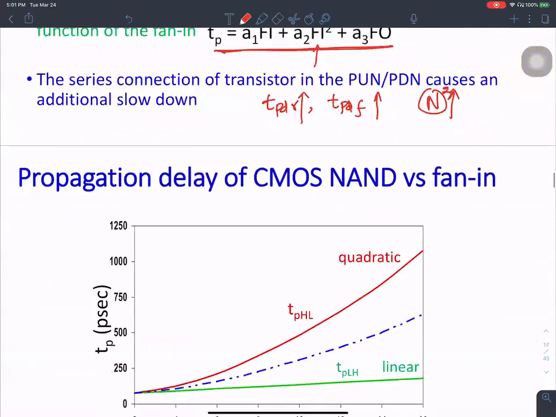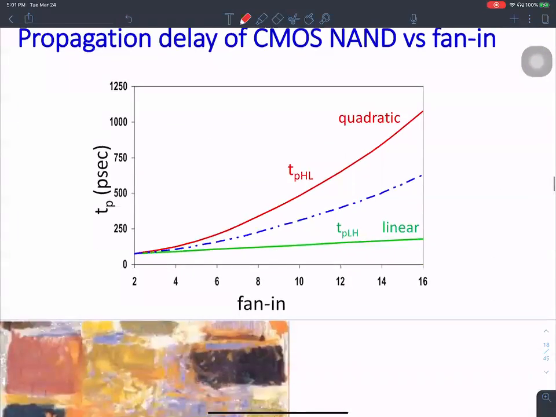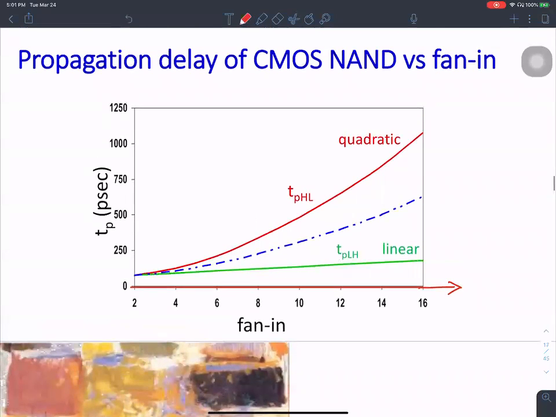If you look at the graph, on the x-axis there is the number of inputs. As the number of inputs increases, look at what happens to the propagation delay of a NAND gate.